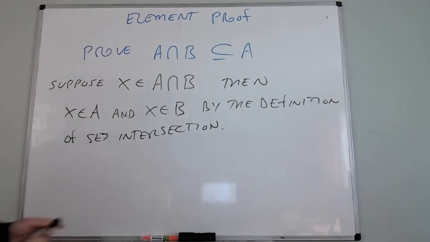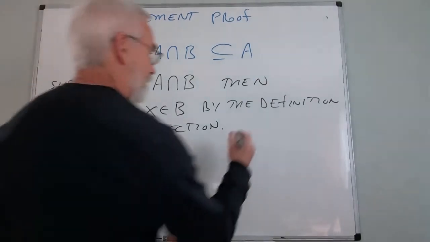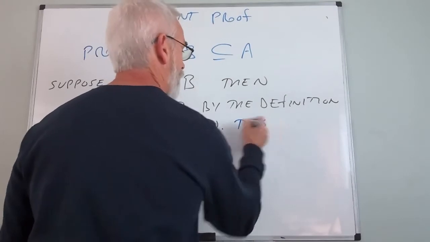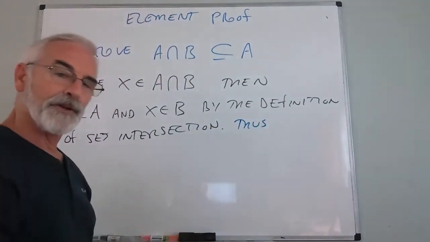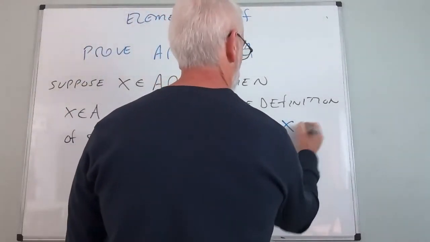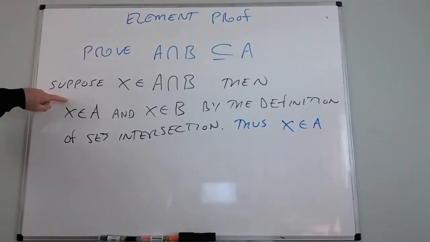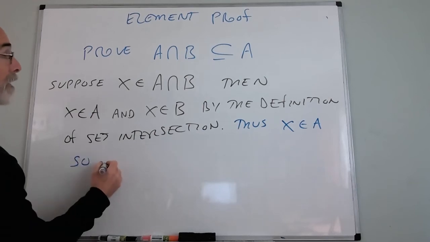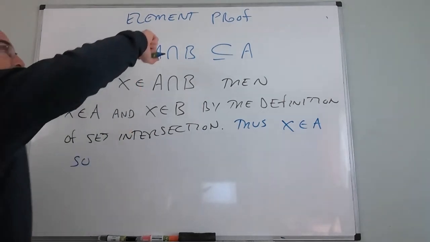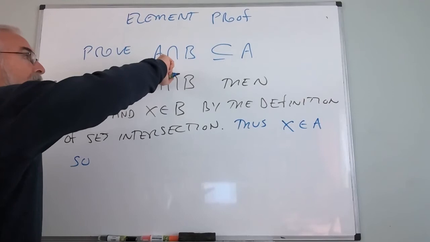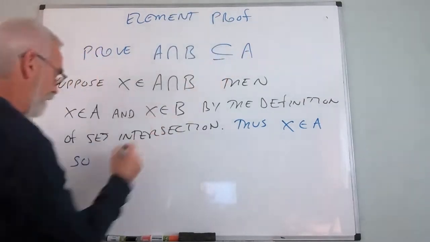I always like "thus" as part of my conclusion. Thus, x is an element of A because we just said it's A and B. So what's true? We showed that x being an element of here guaranteed x was an element of here.